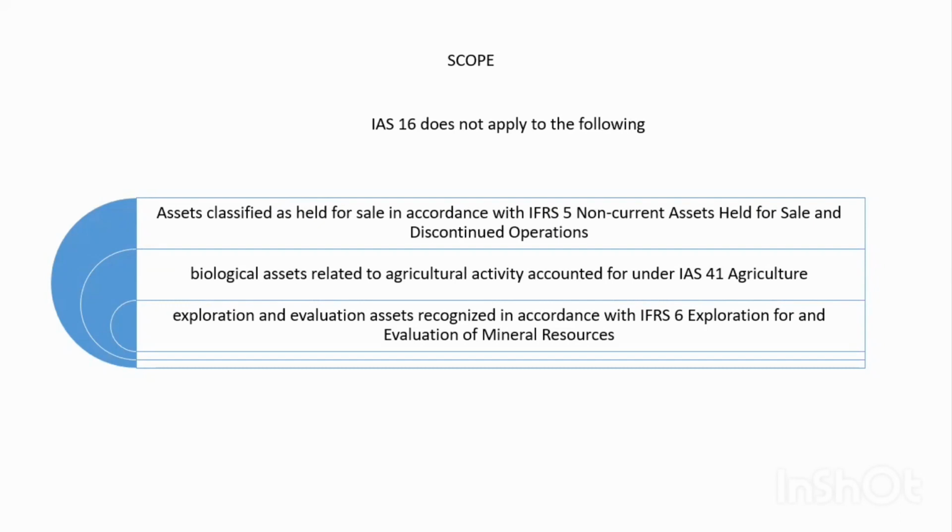And the next category is IFRS 6, exploration and evaluation assets recognition. So this has to do with exploration and mineral resources. These particular assets that I have listed here are not covered by IAS 16, property, plant, and equipment.